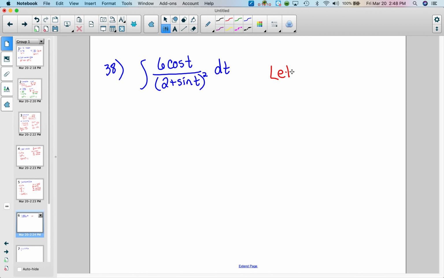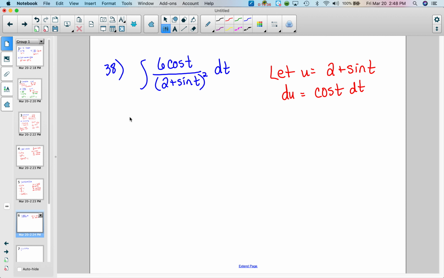So that's how you kind of tell when you have two choices where you're not really sure. So I'm going to let u equal 2 plus sine t. So then du would equal cosine t dt. And I have a cosine t dt right here that I'll be able to replace. I can actually leave the 6 there. It won't matter.